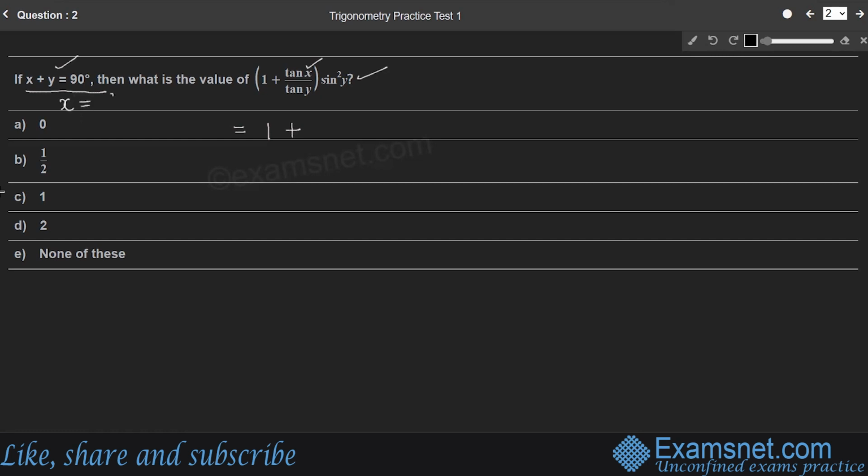So x can be written as 90 degrees minus y, or y can be written as 90 minus x. So tan x becomes tan of 90 minus y, divided by tan y, into sine square y.